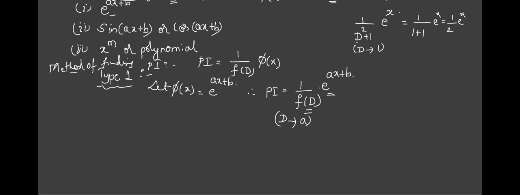Done. Now suppose I have a question like D square minus 1, and I have e raised to x. What do I have to do now? Again the same way. This is an exponential, so we apply the 1 upon f of D type. Just carefully see. If I replace D by the coefficient of x, which is 1, what happens?